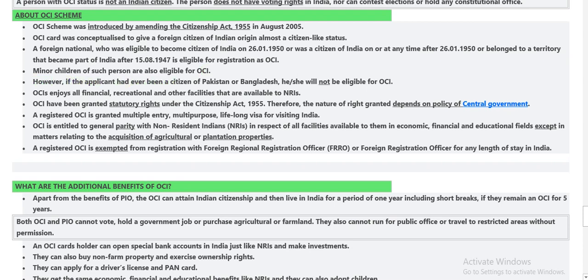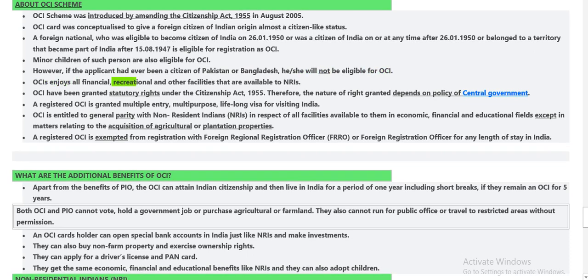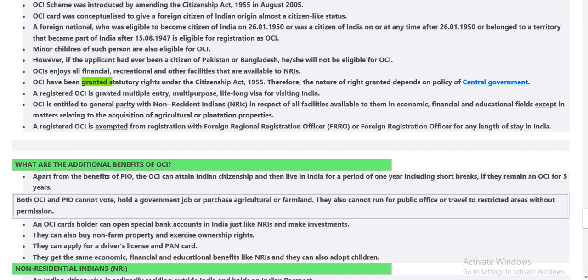Minor children of such persons are also eligible for OCI. However, if the applicant had ever been a citizen of Pakistan or Bangladesh, he or she will not be eligible for OCI. OCI enjoys all financial, recreational and other facilities that are available to NRIs.